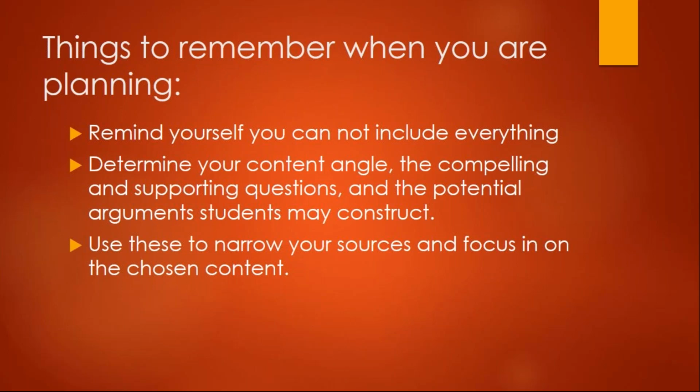Do we have something to look at the civics perspective or the economics or geography? Can we give them enough evidence to support the compelling question that we're creating with them, or the supporting questions that they came up with? Can we use these ideas to narrow down the sources so we focus on specifically what we need?